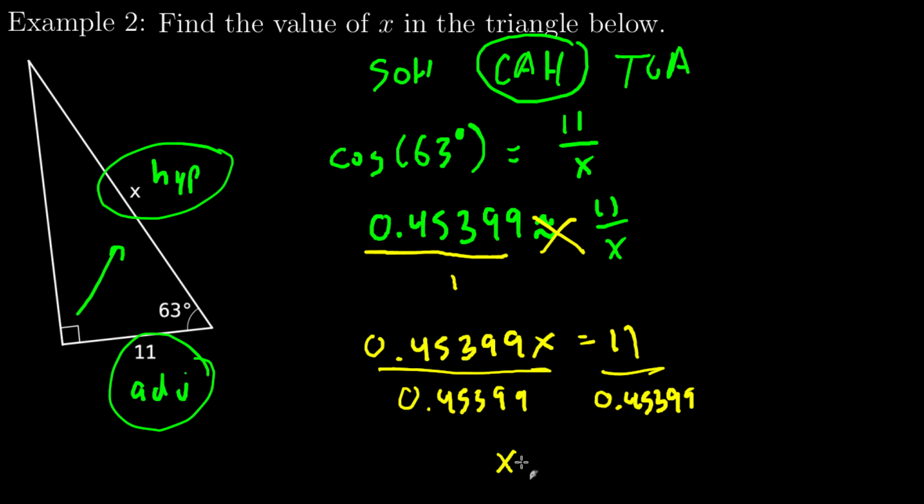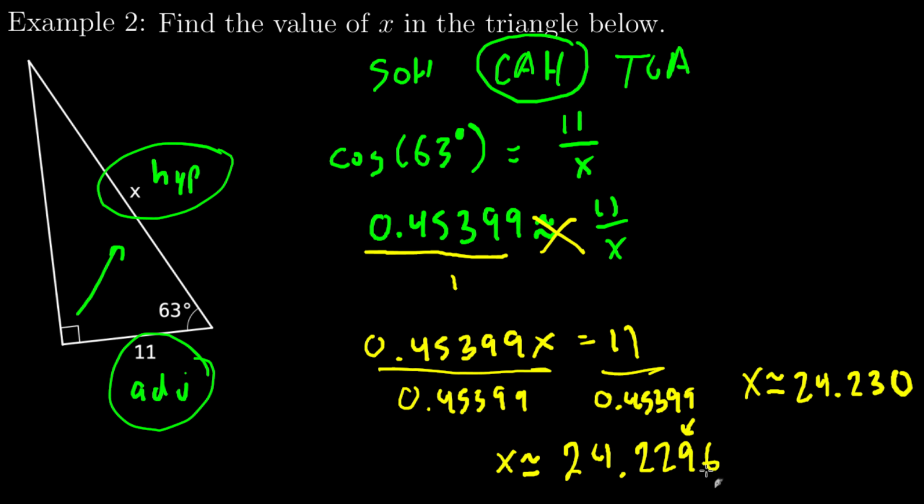So x is about 24.2296. If I were rounding to 3 decimal places, that would be 24.230 because the 6 would round up to 9, the 9 would go up to a 10, so we get up to this 30. Just a little bit of rounding review.